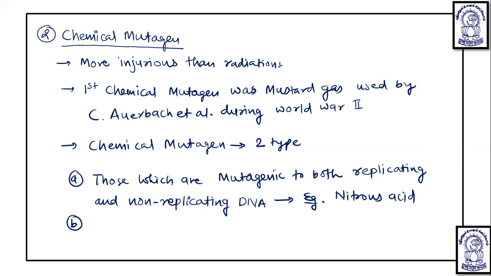And another type of chemical mutagen are those which are mutagenic only to replicating DNA.